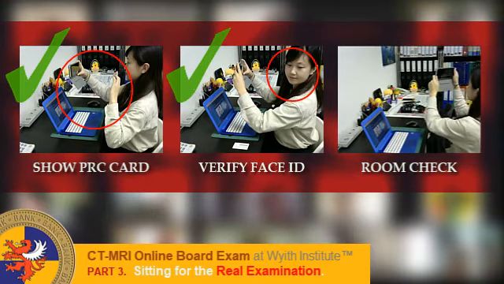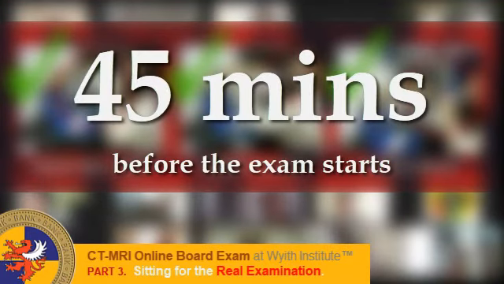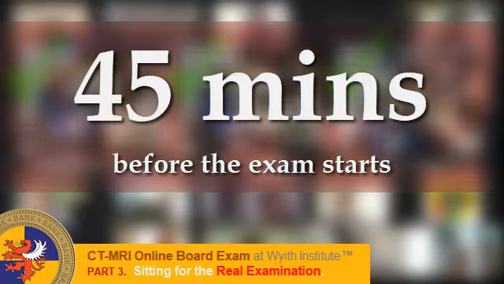And once all these are done, you will be allowed into the Zoom exam room where you will also see the other examinees. Since you see that it does take time for us to perform the above verification procedures, please do log on to the exam section to go through the Zoom verification section at least 45 minutes before the exam starts.